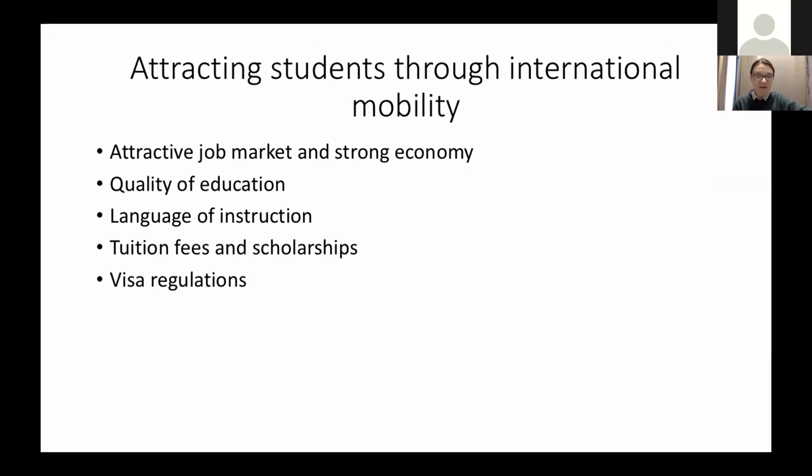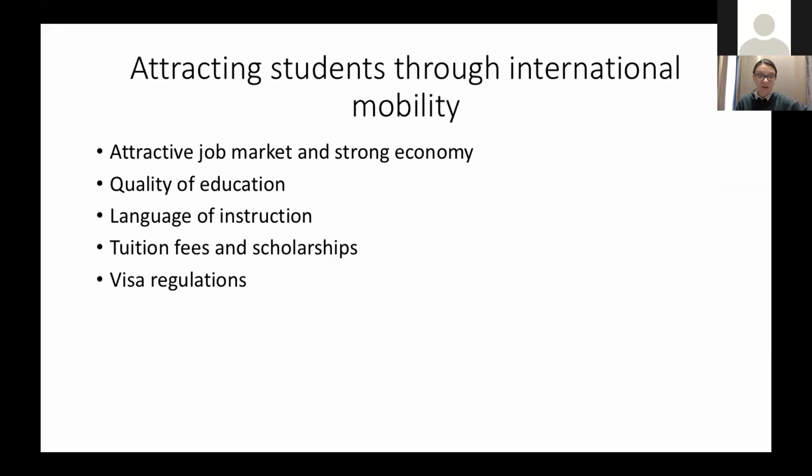Another important factor is tuition fees and scholarships. At any time, not only during the pandemic, tuition expenses are very important for international students in choosing a study destination, and countries that aim to attract talented international students develop various policies for scholarships, tuition discounts, and so on.